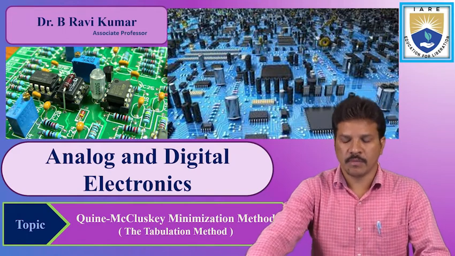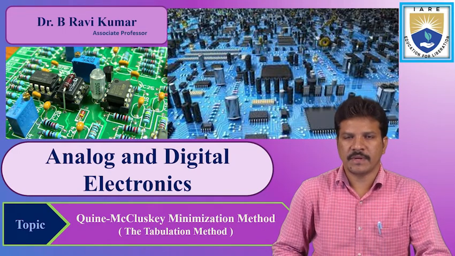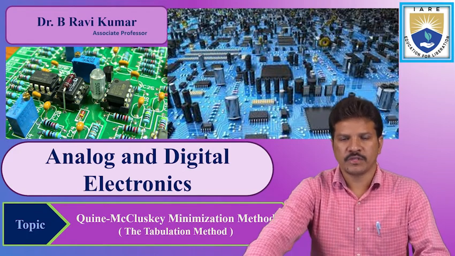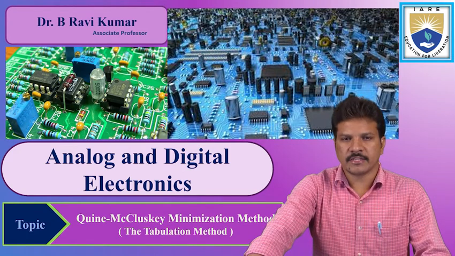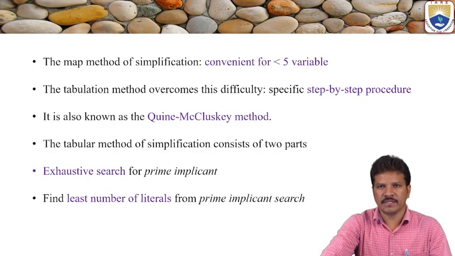In this lecture, I'm going to discuss the tabulation method. In the previous lecture, I explained the Karnaugh map method. This Karnaugh map method is simple as long as the function has fewer than 5 variables.